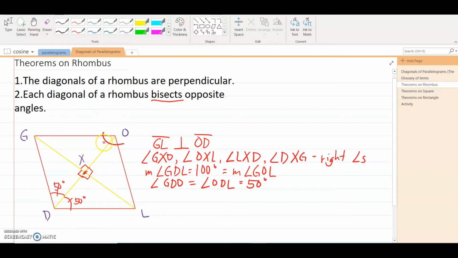And then, this particular angle bisects this angle. So, GOD, which is 50, is congruent also to angle LOD. 50-50 din siya. So, that's what is meant by number 2, theorem on rhombus. Okay?